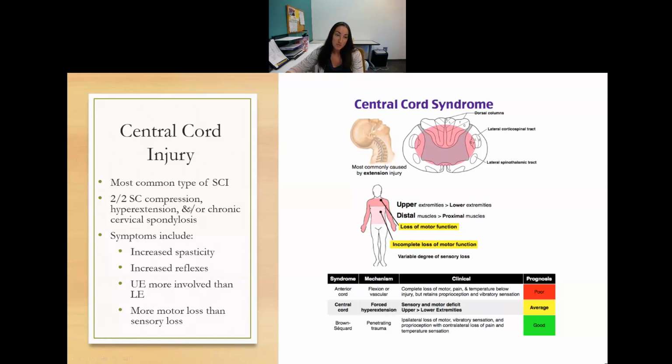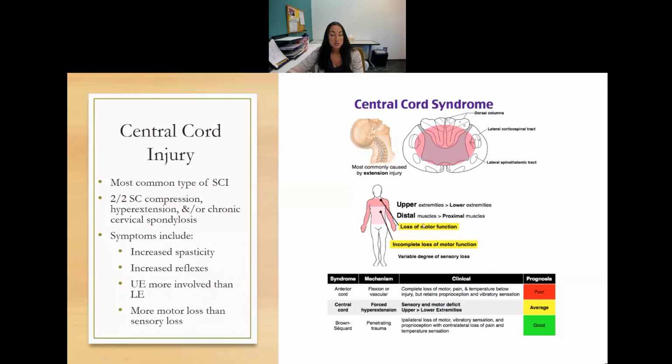And the symptoms include increased spasticity, increased reflexes. The arms are more involved than the legs, more motor loss than sensory loss.